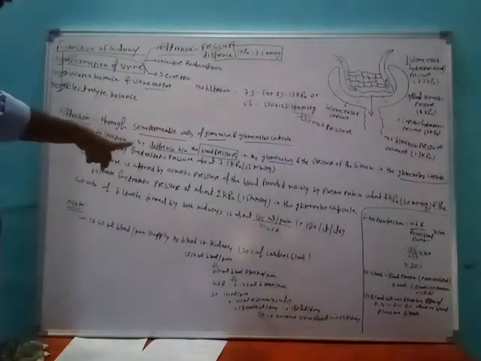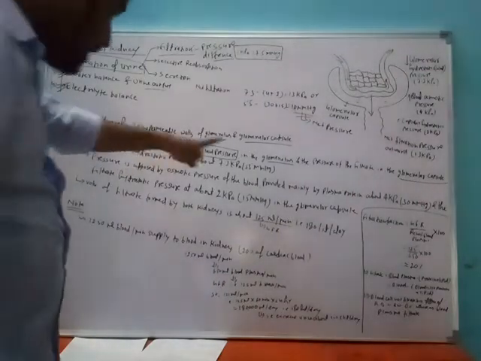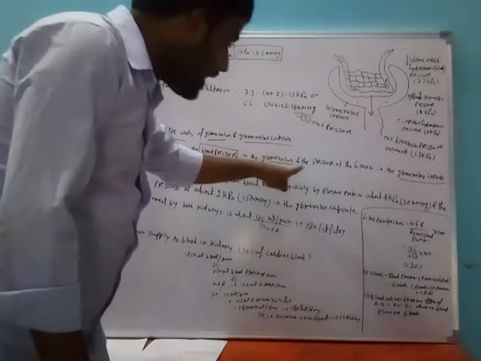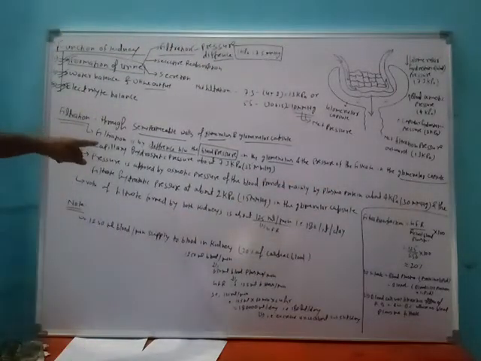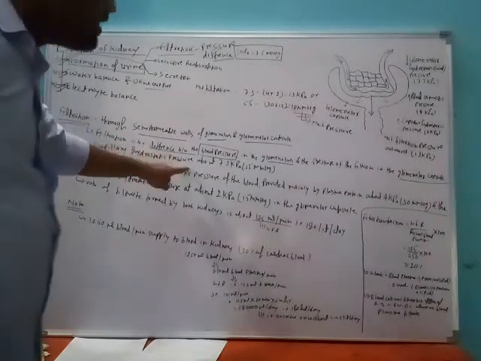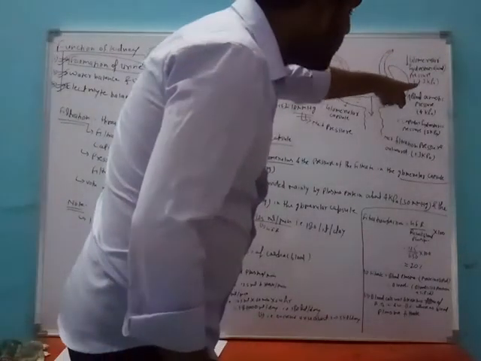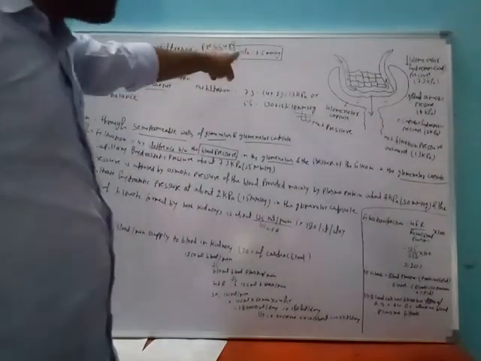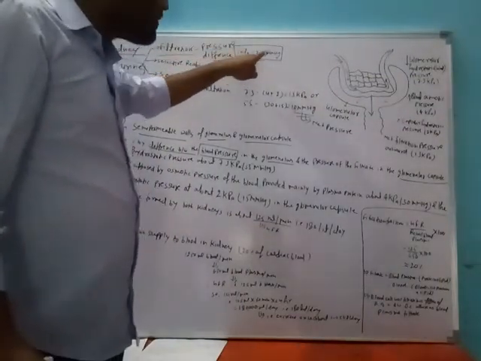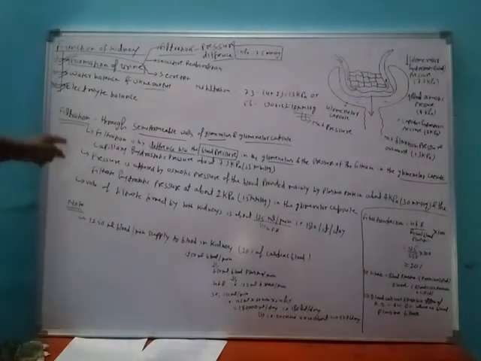What is the difference between blood pressure in the glomerulus and the pressure of the filtrate in the glomerular capsule? Capillary hydrostatic pressure is about 7.3 kilopascal; 1 kilopascal is equal to 7.5 mmHg.